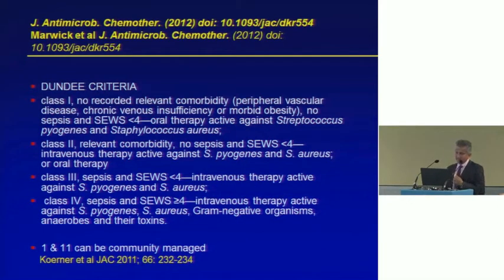Whilst this is a very busy slide, we're trying to articulate a severity scoring system. There isn't one for skin and soft tissue infections. For community-acquired pneumonia, you have the CURB 65 criteria. So in a sense, you have to guess, and you have to use a range of criteria to tell you how unwell systemically your patient is.